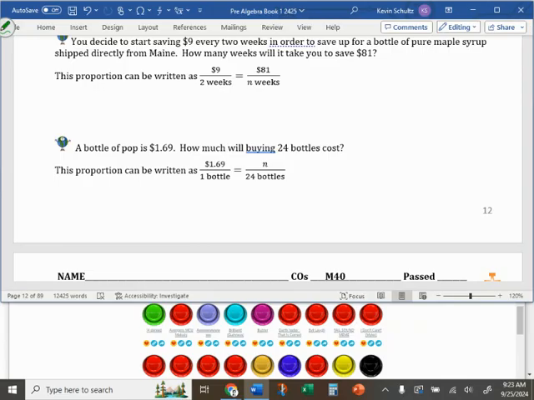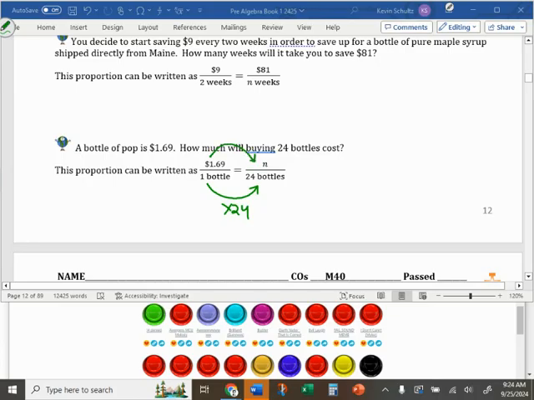Anyway, a bottle of pop's $1.69. How much will buying 24 bottles cost? Okay. Again, you probably know what to do here without setting up a proportion, but the math behind it is a proportion. If one bottle is $1.69 and you want 24 bottles, you're multiplying 1 by 24, which means how many times are you going to pay this $1.69 price? 24 times.